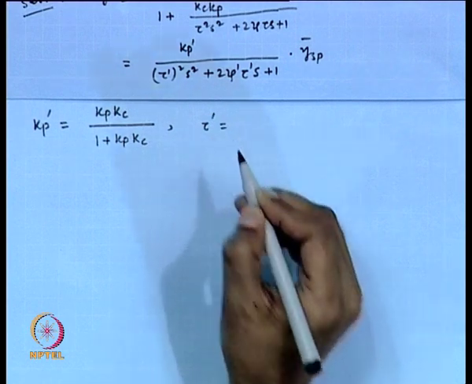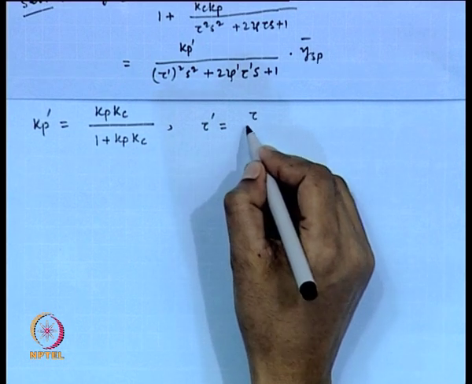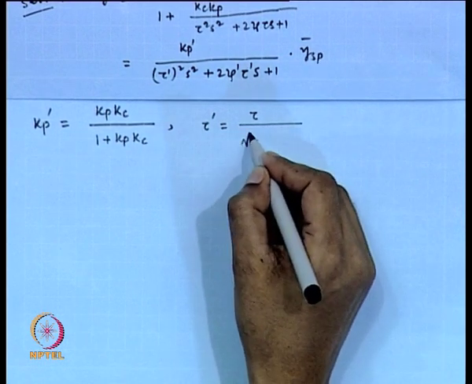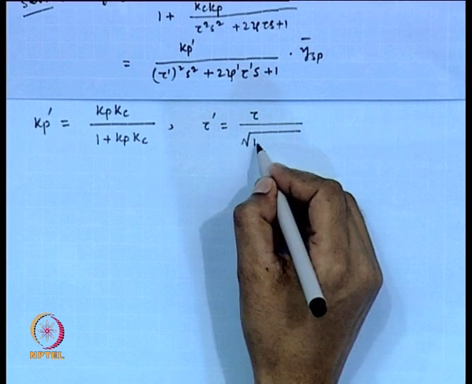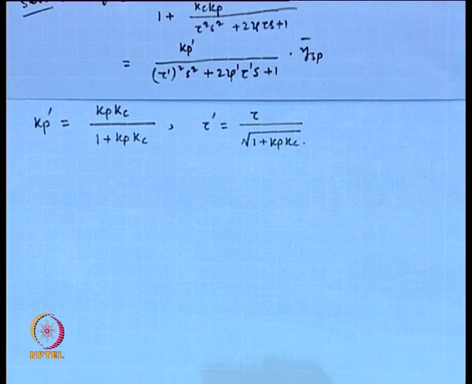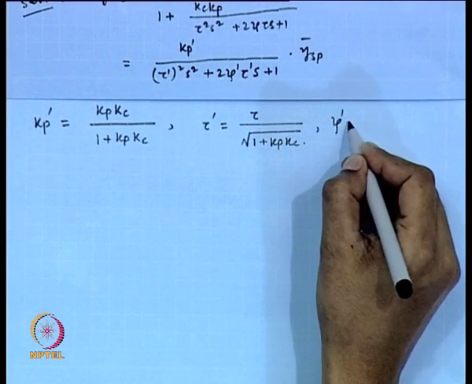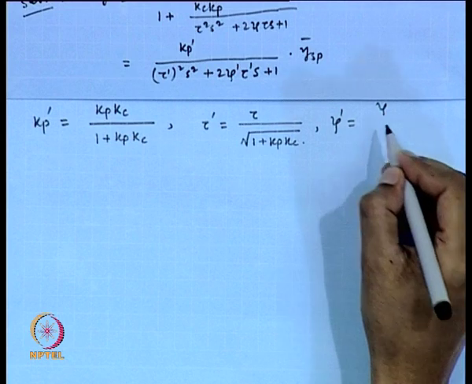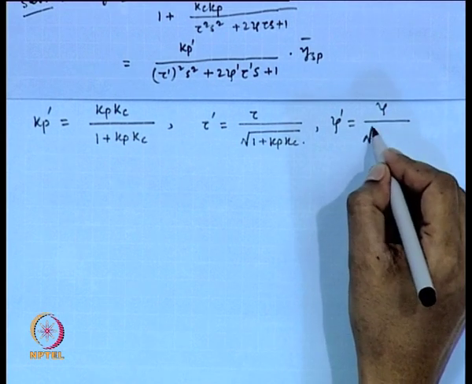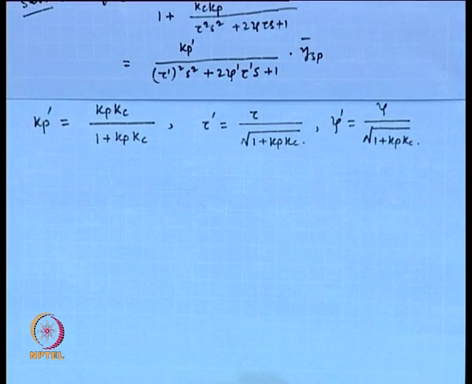Similarly, tau prime has the form of tau prime equals tau divided by root over of 1 plus Kp Kc, and zeta prime equals zeta divided by root over of 1 plus Kp Kc. Fine.